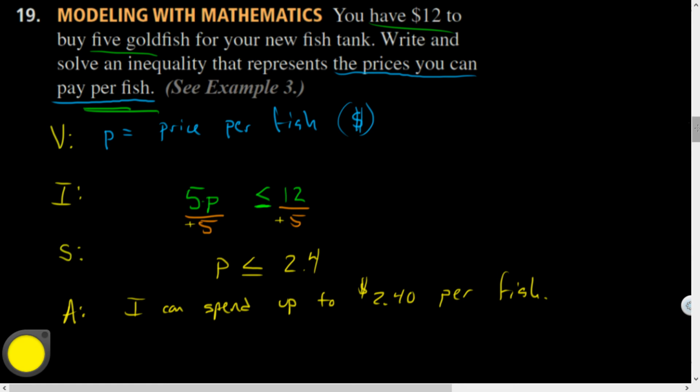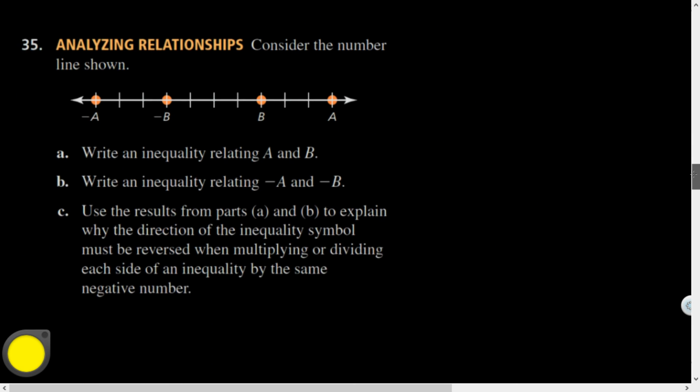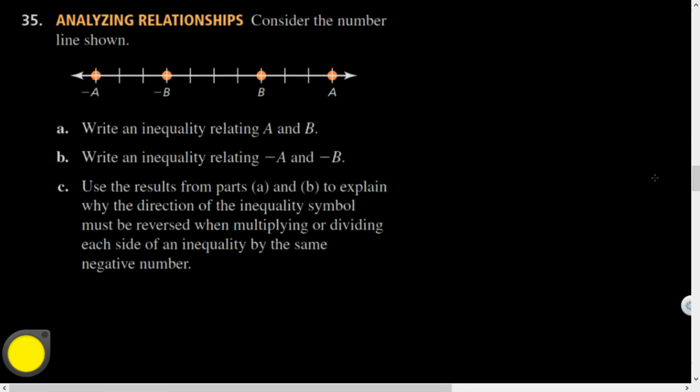Let's see. I think, oh, and then I did 35. That's 33, another way I pronounce 35 sometimes. Consider the number line shown. I don't know what these numbers are, but it just says A and B. Write an inequality relating A and B. So how does A relate to B?